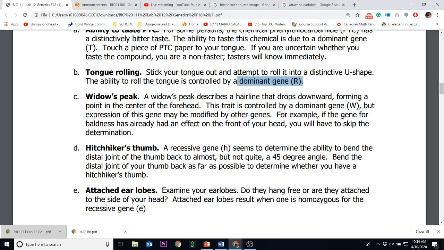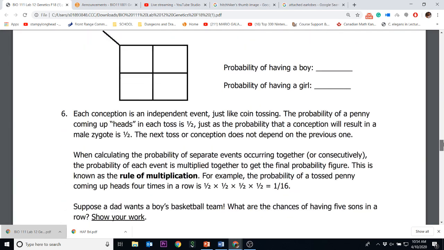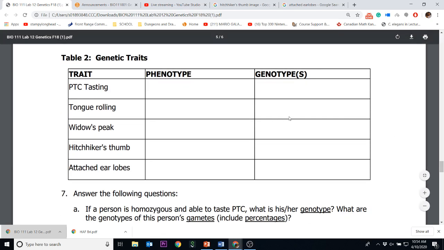But that could be homozygous dominant or heterozygous dominant. So if you can roll your tongue, your genotype could be 2 big R or big R and a small r. But if you cannot roll your tongue, kind of like me, you have to be 2 small r. Does that make sense? So that's what you're supposed to put on the genotype part here. 2 letters, uppercase, lowercase, whatever it is.